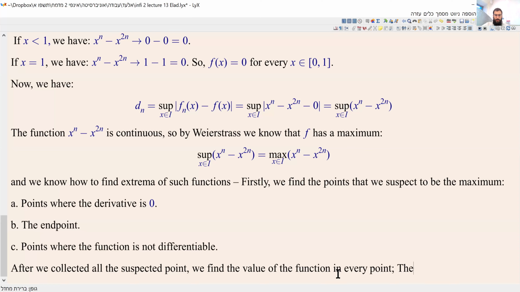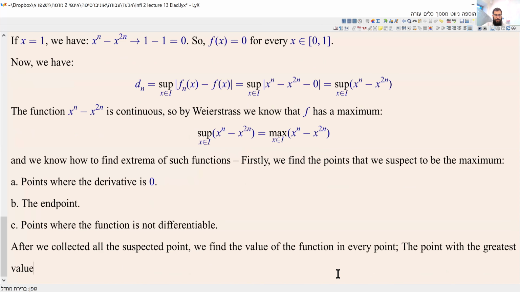The point with the greatest value gives us the maximum, and more importantly, the greatest value is the maximum. And the greatest value, that's what you look for in the first place, is the maximum.